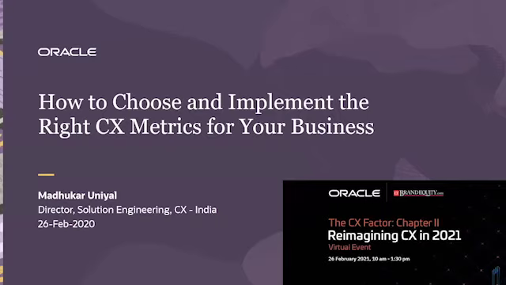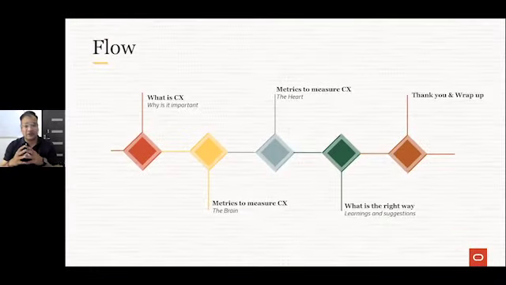So, an interesting topic today: how to choose and implement the right CX metrics for your business. I've put together a flow and a structure for this masterclass. First, I'll talk about what is CX. Not all of us know CX, right? The fact that we are here together is because in some way or the other, we are linked to customer experience. But what I'll talk about is the research that we did, the surveys that we did, and what interesting things we found out from these surveys, and what our customers are telling us from the CX perspective.